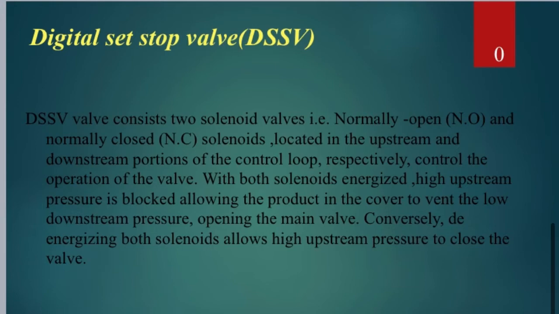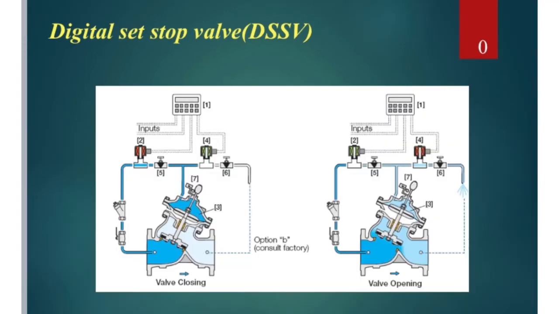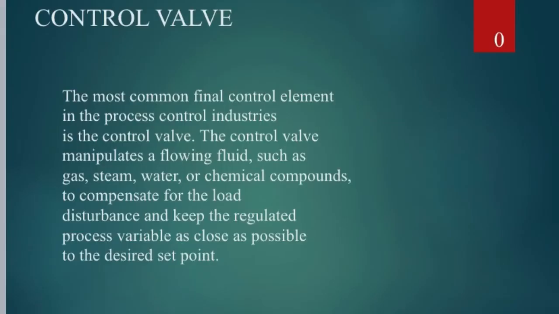With both solenoids energized, high upstream pressure is blocked, allowing the product in the cover to vent to the low downstream pressure, opening the main valve. Conversely, de-energizing both solenoids allows high upstream pressure to close the valve. In this picture, the first image shows the closing of the control valve and the second image shows the opening of the control valve.